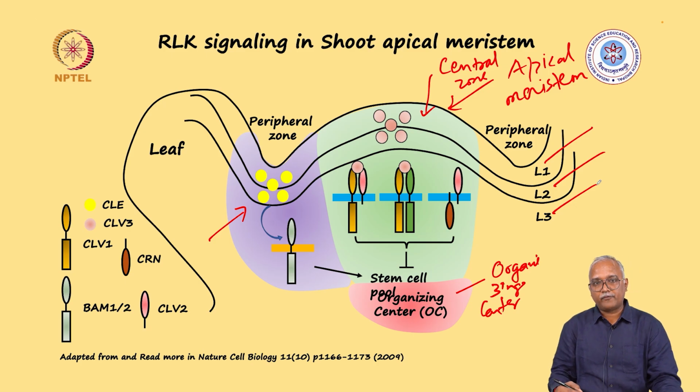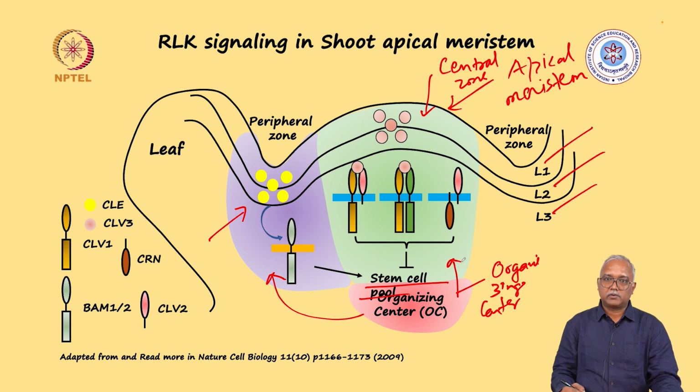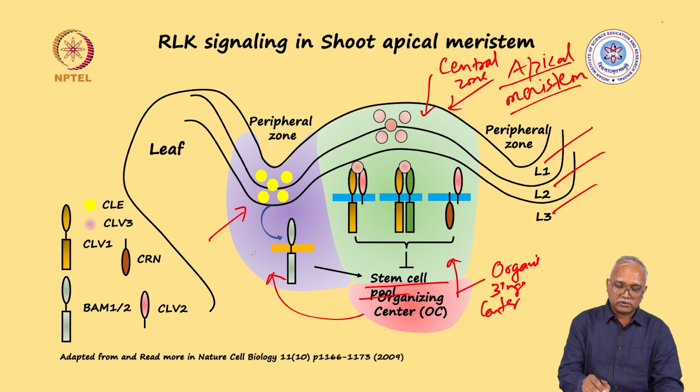We will see how different receptors engage with the secreted peptide to ensure that the stem cell pool is maintained, and the organizing center instructs what becomes the peripheral zone and what becomes the central zone. This is very important because something which remains in the central zone maintains the meristem identity, whereas something pushed into the peripheral zone will acquire leaf identity.